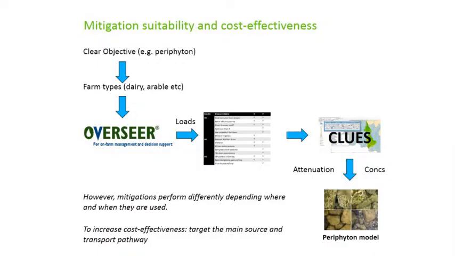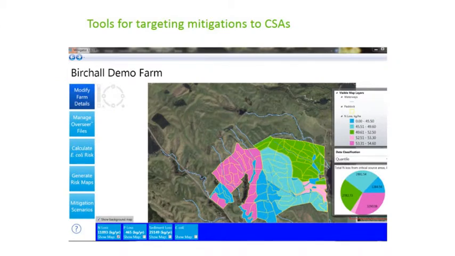So, how do we do that targeting? Well, it just so happens that one of those advances over the last 3 years since 2012 has actually been some software to take inputs and outputs from models like Overseer, which were, to be honest, spatially very poor, and transform them into tools like this, which tell you where your nitrogen, your phosphorus, your sediment and your E. coli are likely to be coming from on a property basis, then gives you the option of saying, I want to decrease it by 40%, how much is that going to cost me?